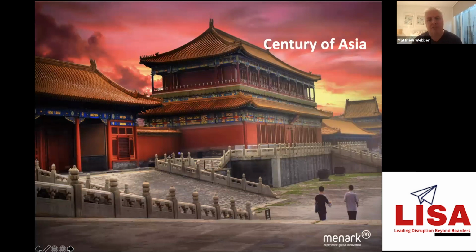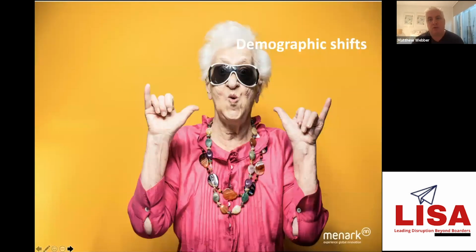It is the century of Asia, so both the geopolitical environment and the economic environment are certainly shifting across the globe, and there's certainly a lot of activity in Asia that we can't ignore at the moment. There's demographic shifts, particularly with aging populations, and that will become a massive consideration for the future, particularly around aged care.